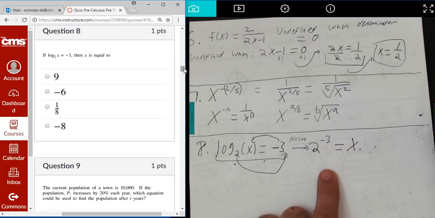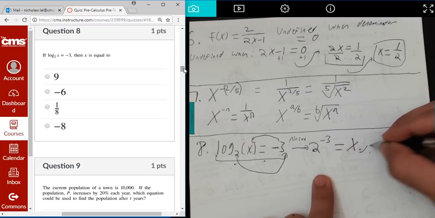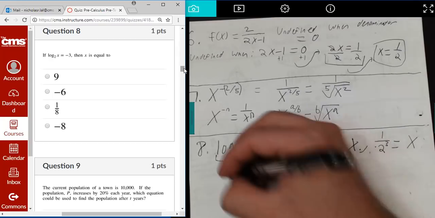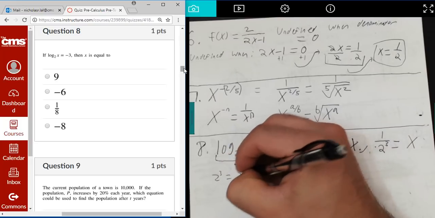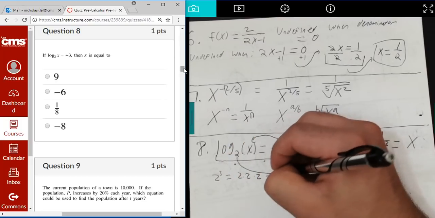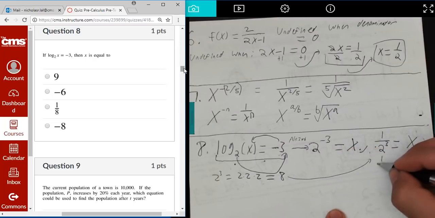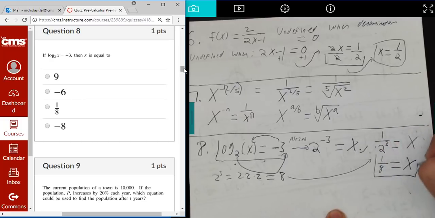There's a lot of exponents again. 2 to the -3 is equal to 1 over 2 to the 3 is equal to x. And then 2 to the 3 is 2 times 2 times 2, which is equal to 8. So this becomes 1/8 is equal to x. And that's our final answer for question 8.